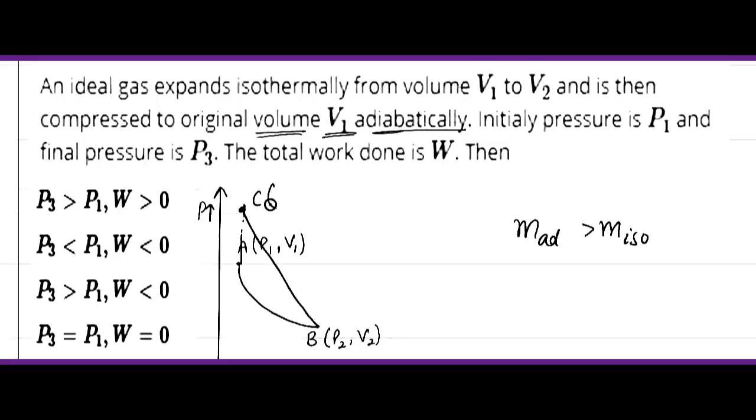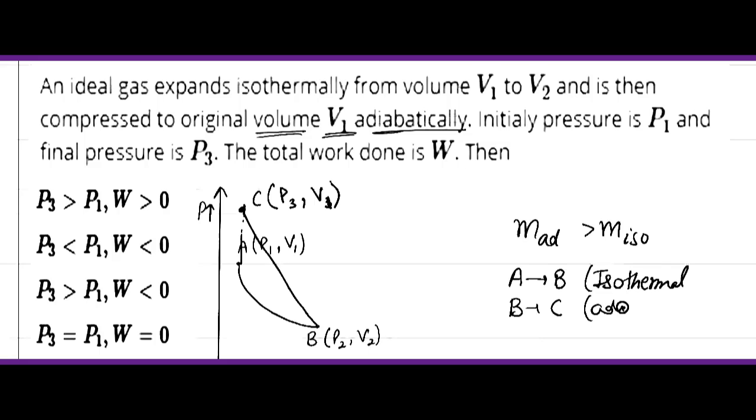This is C point. Here the pressure is P3 and volume is V1. The process A to B is an isothermal process and the process B to C is an adiabatic process of greater slope.